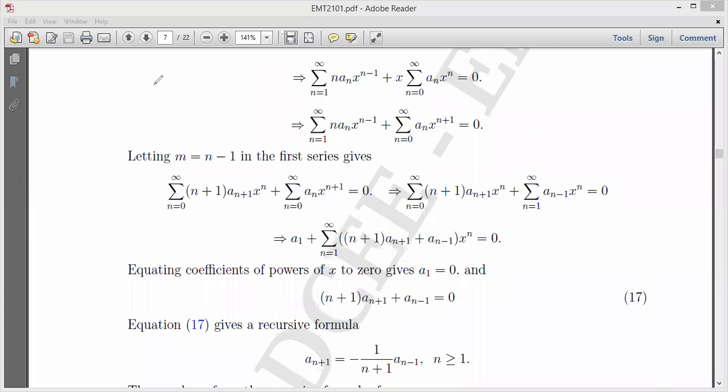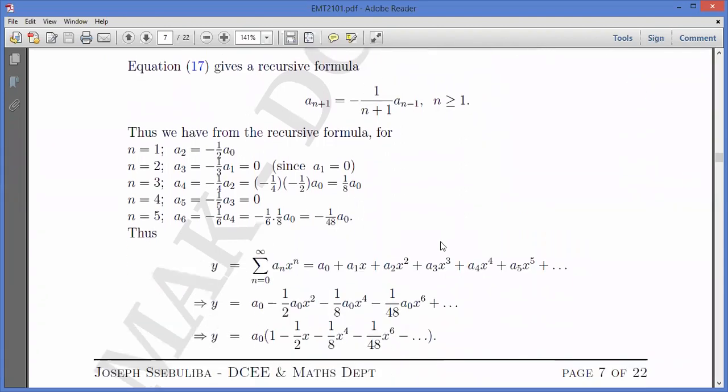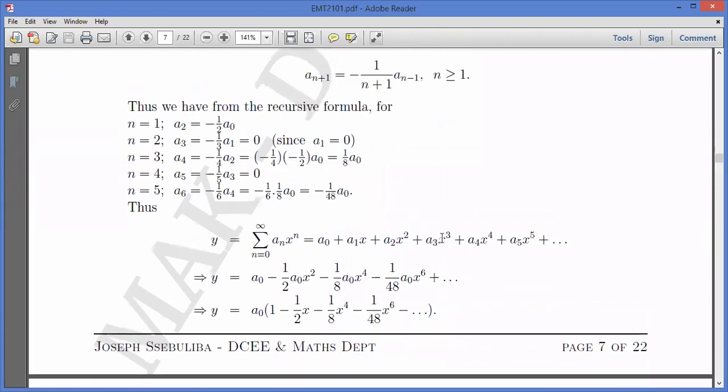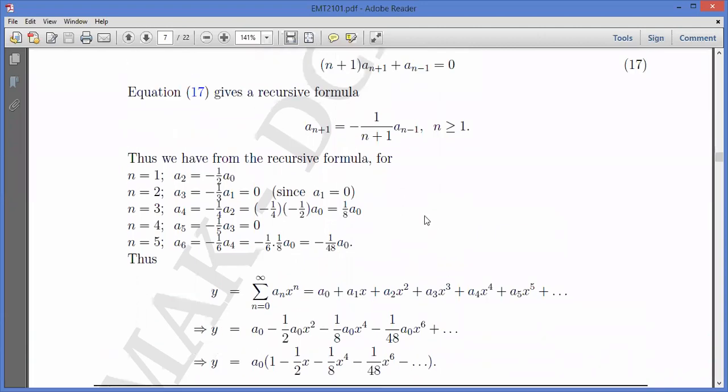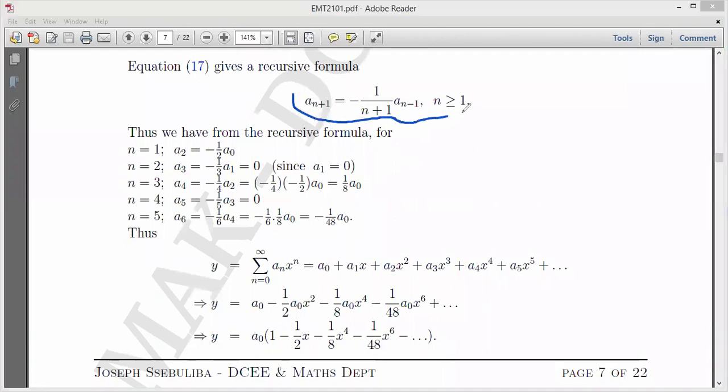So what does that go to? We can now try to substitute values of n into this formula here. And if you do that, we are substituting into this one here.